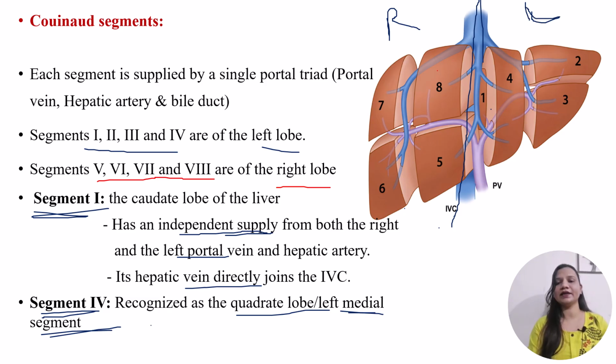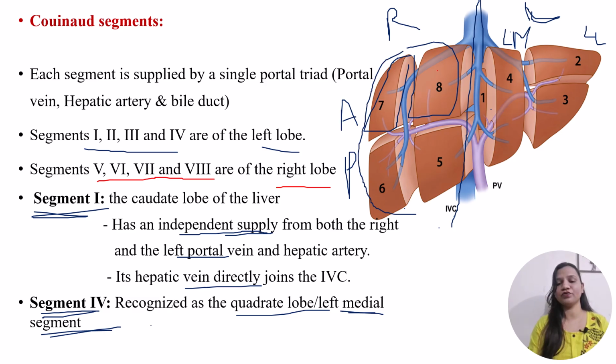Then the right and left lobes each divide again into two segments: the anterior segment and the posterior segment, and the left lateral segment and the left medial segment. Each of these divides again into two parts, and in total we get 4 segments on the right lobe and 4 segments on the left lobe.